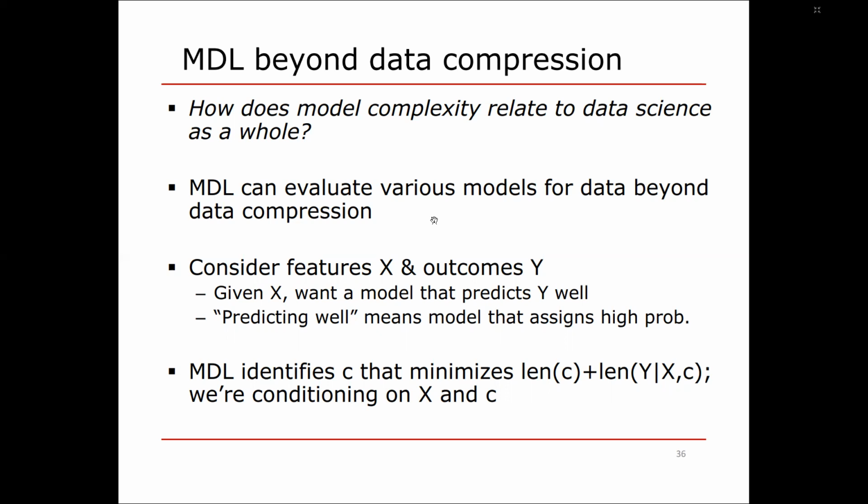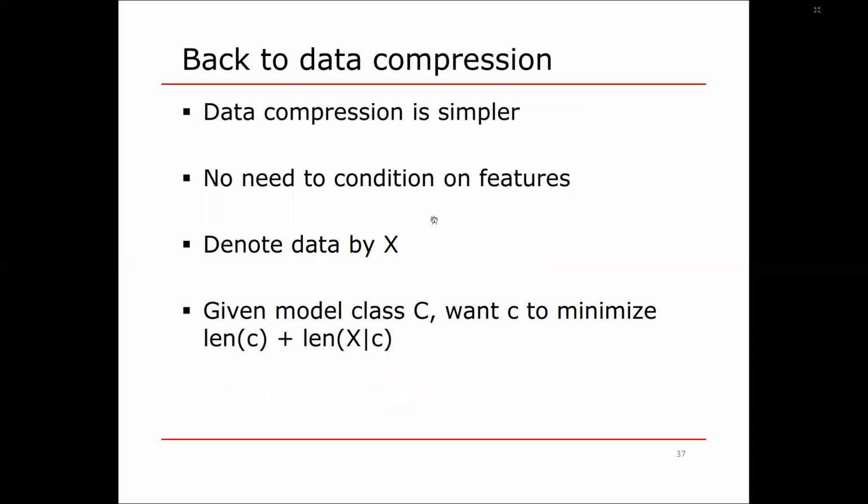To make this concrete, MDL, in the general case of machine learning, identifies a model C that minimizes the length of C plus the length for the outcomes Y conditioned on the features X and the model C. Whereas earlier we were only conditioning on C, the model, here we're also conditioning on X, the features.